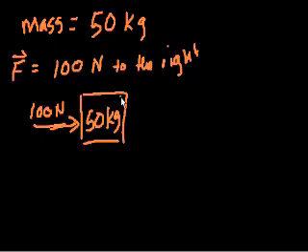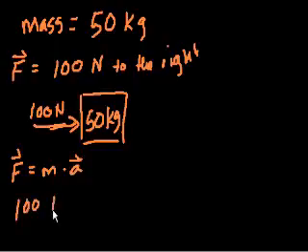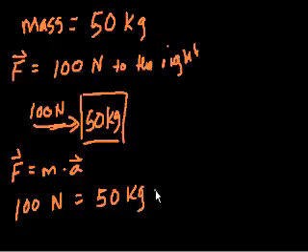So what's going to happen to this object? Well, let's use the formula. Force is equal to mass times acceleration. The force is 100 newtons, equal to the mass, 50 kilograms, times the acceleration.